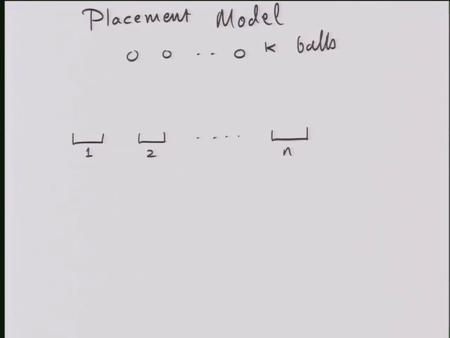What you want to do is place these balls in the boxes, and count how many different ways there are of doing this. The balls are numbered 1 through k. You want to place the k balls in the boxes, and you want to know how many ways there are of doing these placements.